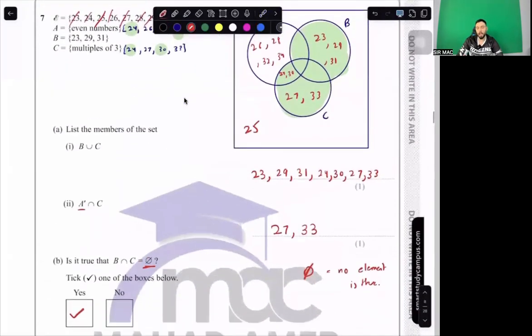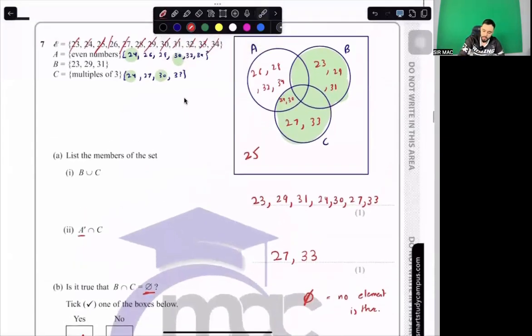If I would think of a reason, I would think of it like this: if you look at B, B is basically all prime numbers. 23 is a prime number, it doesn't come in any other table. 29 also a prime number. 31 also a prime number.